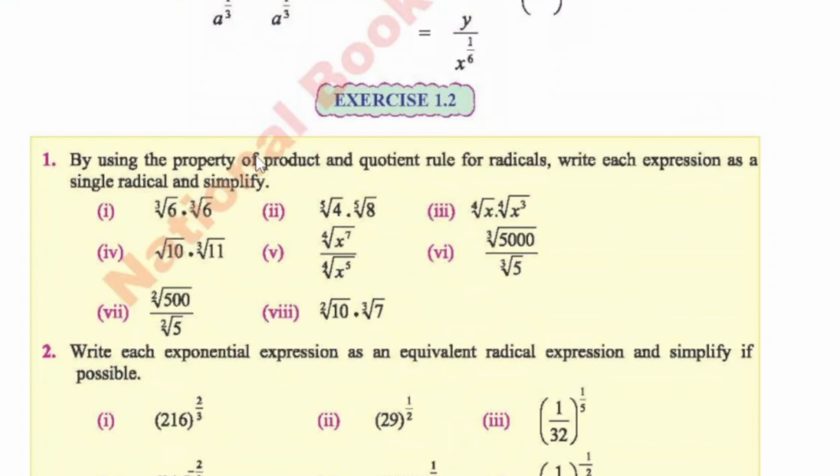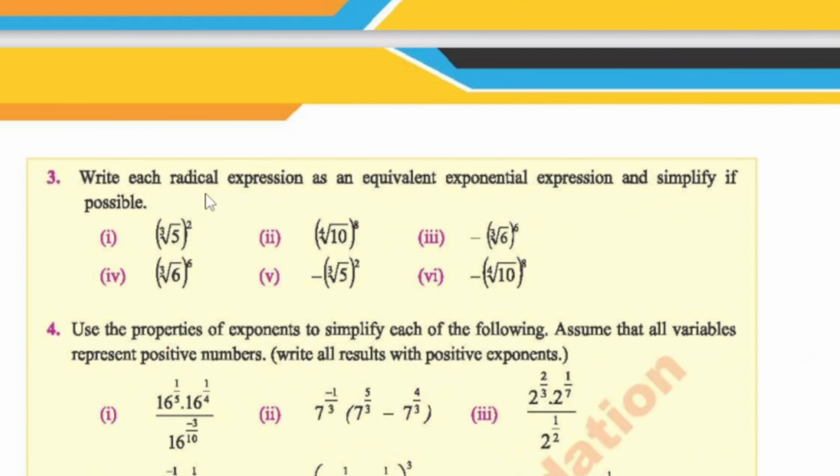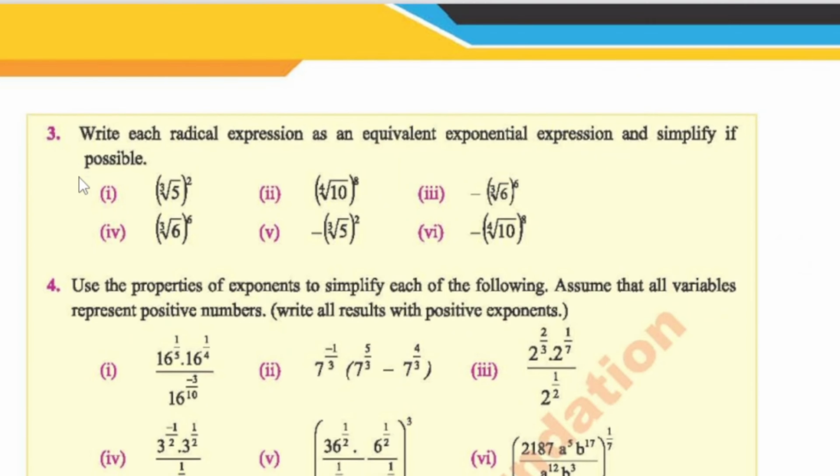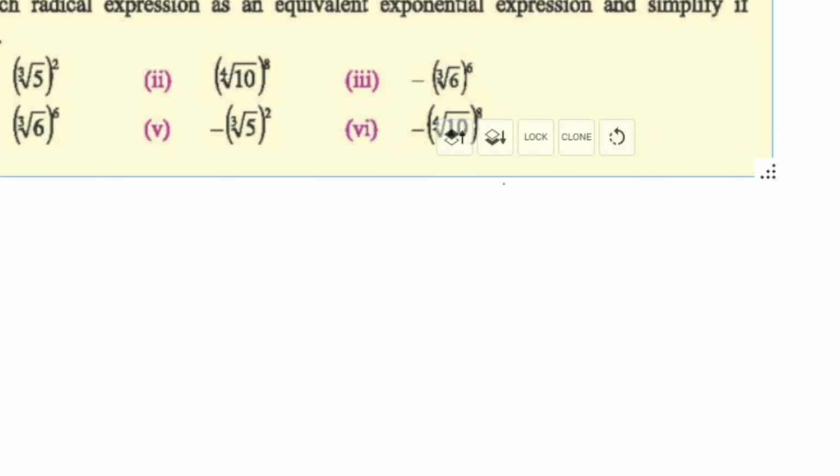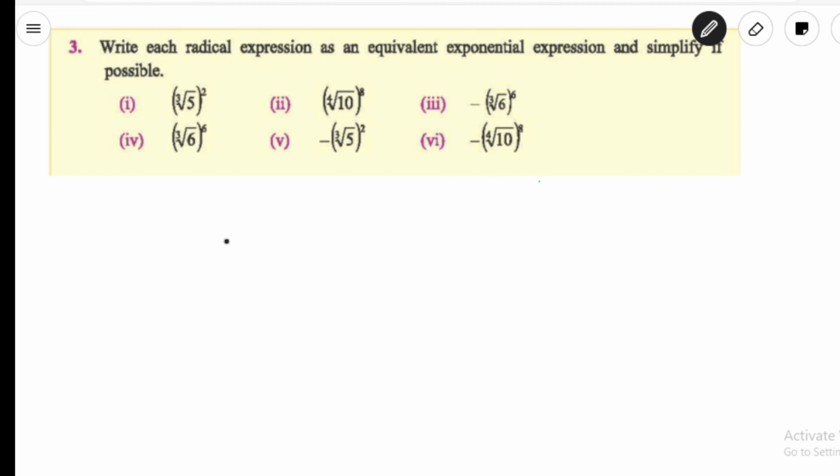Okay, and now we're going to discuss exercise 1.2, question number 3, which is: write each radical expression as an equivalent exponential expression and simplify if possible. So the first question, cube root of 5 and the whole thing squared. You know that when you have the cube root of something, that is simply 1 over the order.